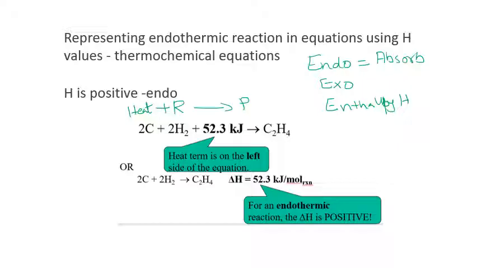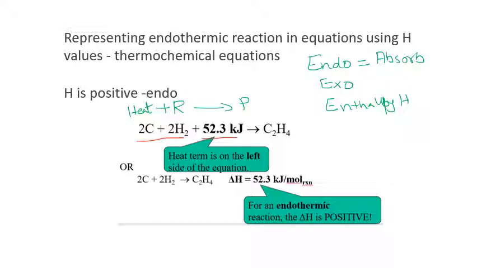So in this particular example, carbon combining with hydrogen to form C2H4, which is ethene. What is happening here is these reactants are absorbing 52.3 kilojoules of energy.